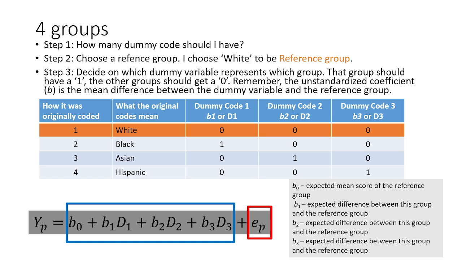I choose this column to represent the black. Everybody who's black should have a 1, everybody else should be a 0. I choose this to represent Asians: all the Asians get a 1, everybody else gets a 0. I want this to represent Hispanic: all Hispanics get a 1, everybody else gets a 0.